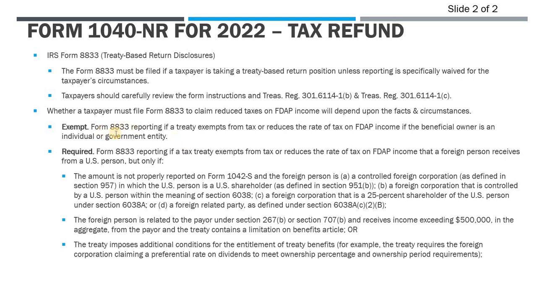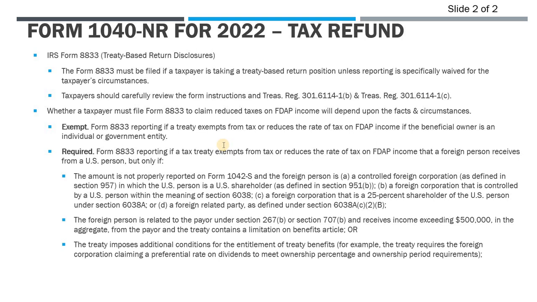So it's exempt. So 8833 can be exempt if your treaty position exempts from tax or reduces the rate of tax on FDAP income if the beneficial owner is an individual or a governmental entity, right? So that's effectively John. John is a natural person. He's an individual. These amounts are being paid to him personally and not into another foreign company.